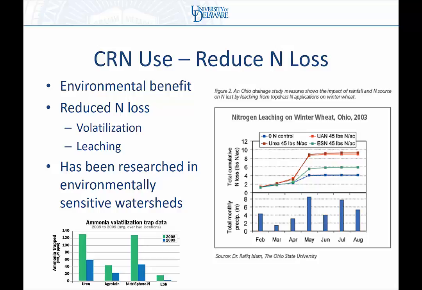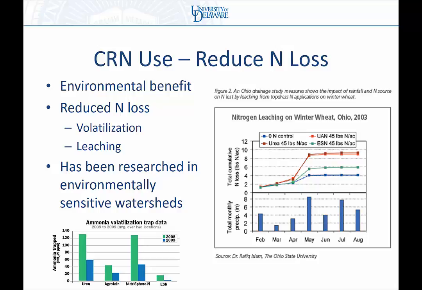But the first reason is this whole idea of reducing nitrogen loss. That's an environmental benefit. There is enough research out there showing that you can reduce volatilization in certain crops where you're doing surface applications, in a pasture or hay situation, or small grains, or reduce leaching losses. There are a lot of experiments that have been done with that.